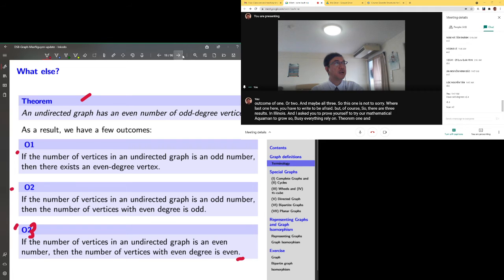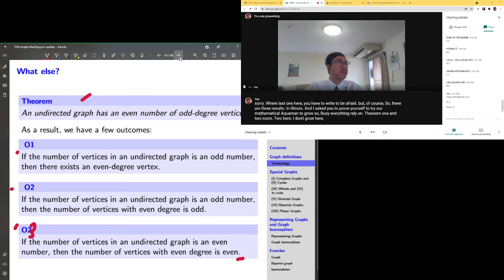I don't prove it here, okay? So read the last one. For instance, if the number of vertices in some undirected graph is an even number, then the number of vertices with even degree also is even. A lot of things here, but basically they rely on theorem 1 and theorem 2, okay? In the exercise, you apply.